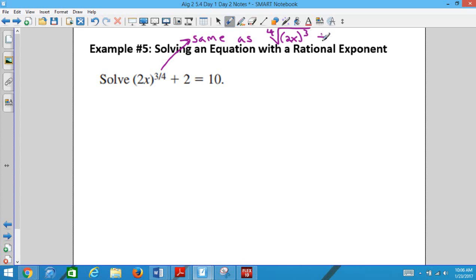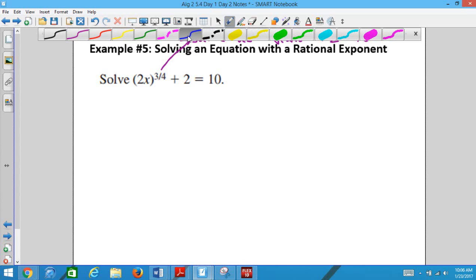Gotta keep it all in the parentheses. So those are equivalent. It's just written in a different form. You are more than welcome to change the form and work it out the other way. I'm going to show you how to not change the form and work it out, which I think is easier. But you can choose which method you want to use when you do your homework.